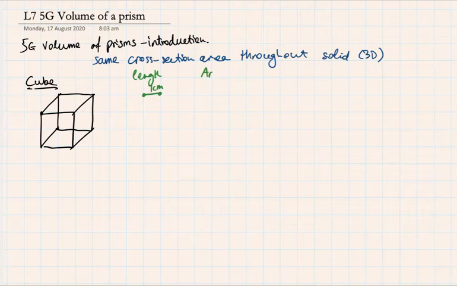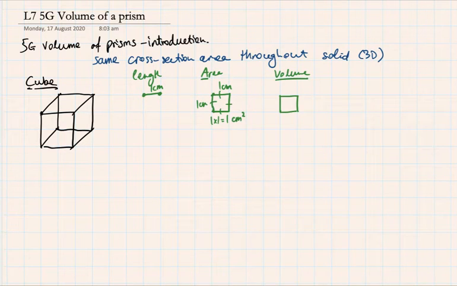Remember area, we were looking at, we maybe have to extend this and it might become something like this. And we say it's 1 centimeter by 1 centimeter, therefore making a 1 by 1, which is equal to 1 centimeter squared block. Now volume is we continue this and go, okay, we've got 1 this way, 1 this way. What's the other dimension we could go? Well, we could make it 3D.